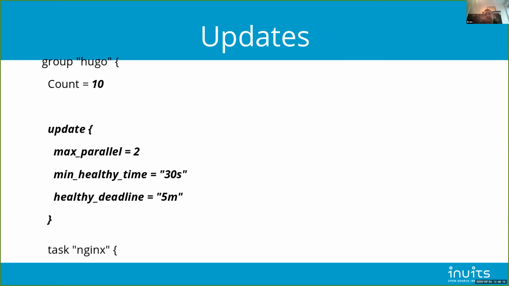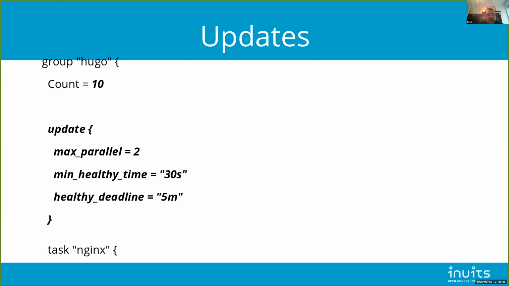And this brings us to deploying our code and hoping that we deploy correctly working code. So let's bump the number of blog instances we want to about 10. And if we configure the update resource, we can control the behavior of Nomad, how it reschedules and how it takes an instance down and brings up the next one.